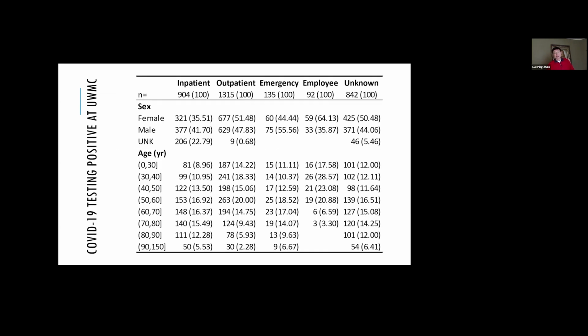Now, as of March 30, at UW Medical Center, we have a little over 3,200 patients who tested COVID-19 positive. This study is designed assuming you will get infected; among the infected individuals, we want to know whether the immune system is different between those who have severe symptoms and those who don't.